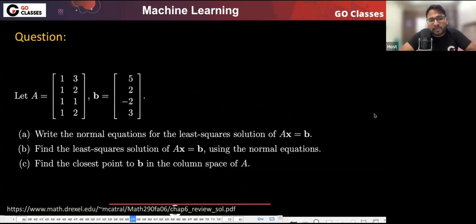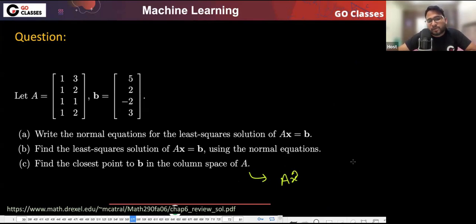Suppose they are saying write the normal equation and then find out the least square solutions using the normal equation. Find the closest point to the b. What is the closest point? Is this x cap? Can anyone tell me? Closest point will be x cap, right?